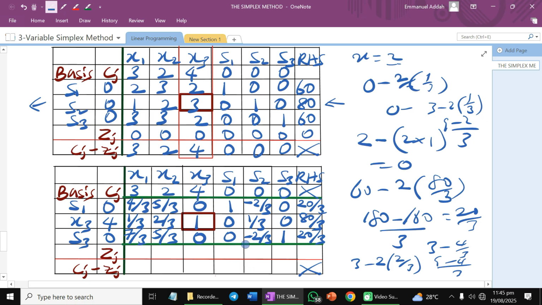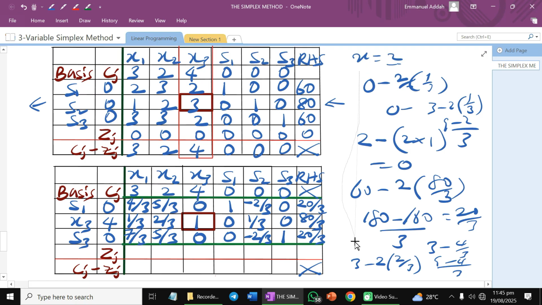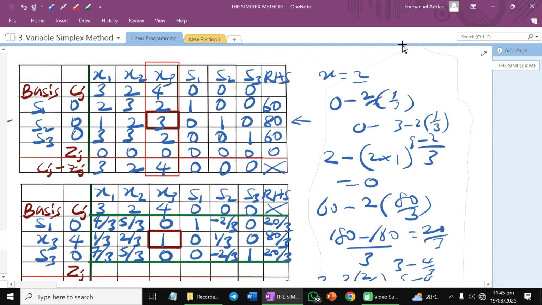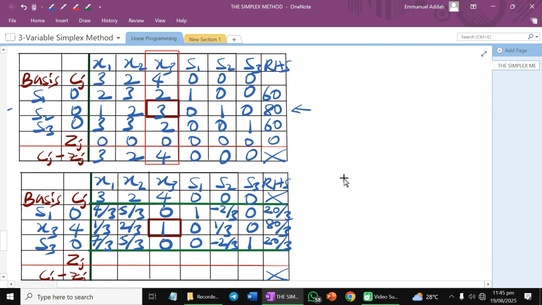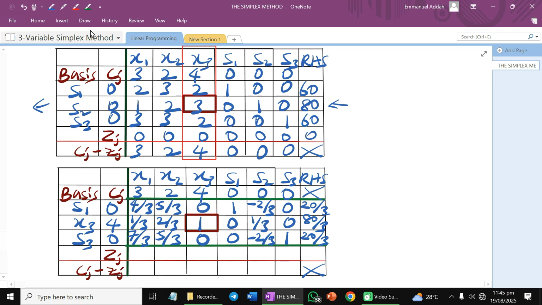Let me clean here so that I can make it clearer for us. The next thing is to calculate the Zj values.